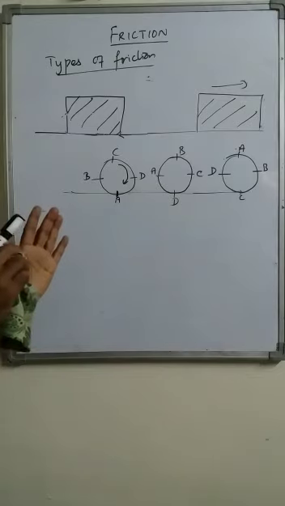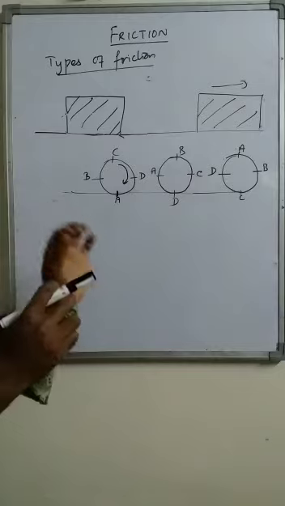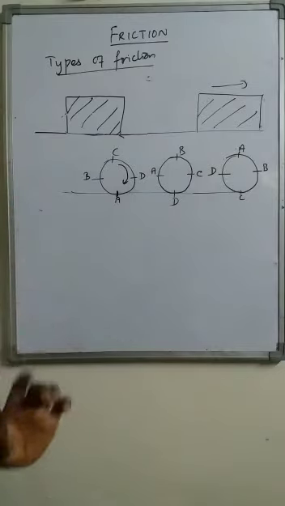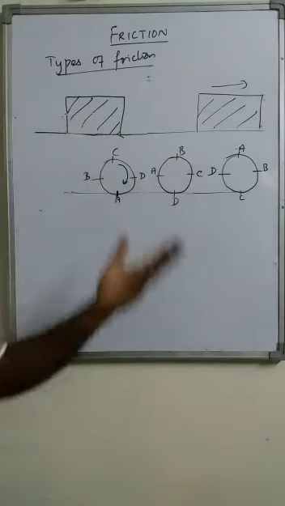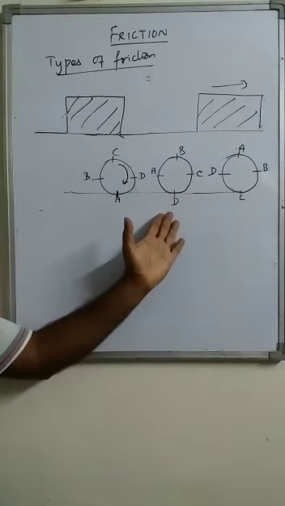So here the main thing for the difference is the time available for the interlocking between the two surfaces. While they are at rest, they get the highest time, then less time, and then the least time.